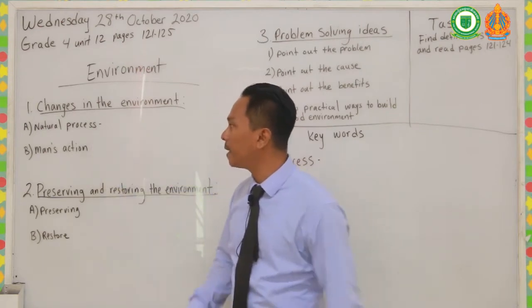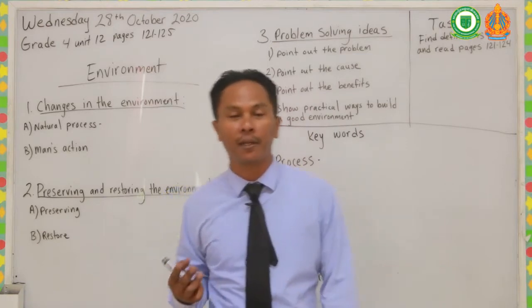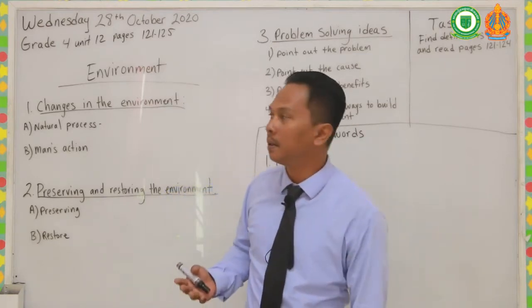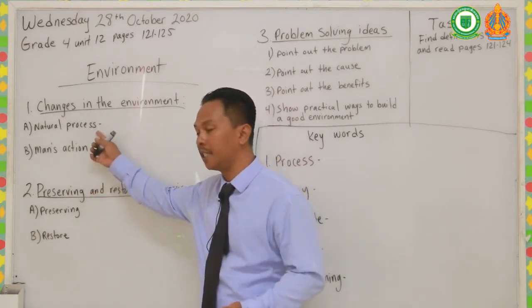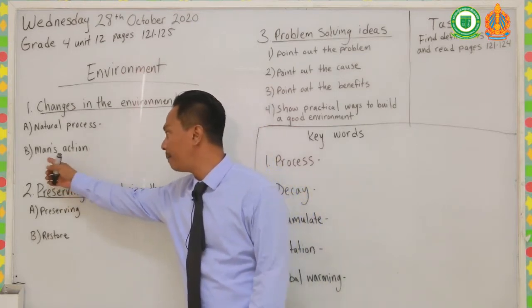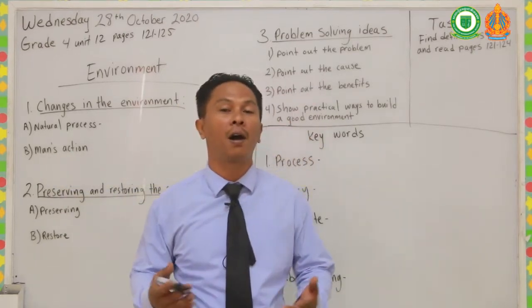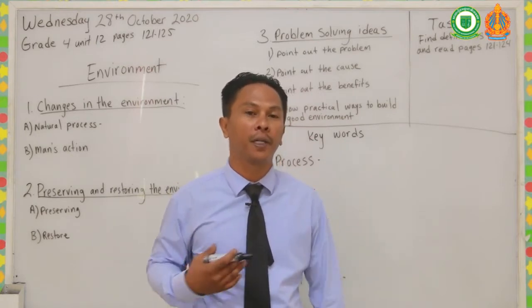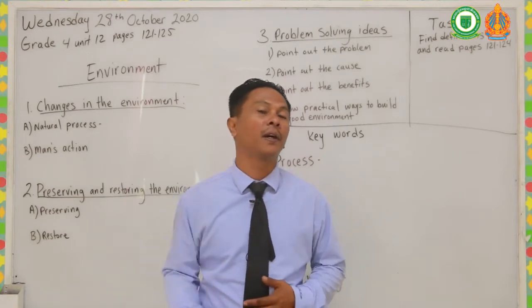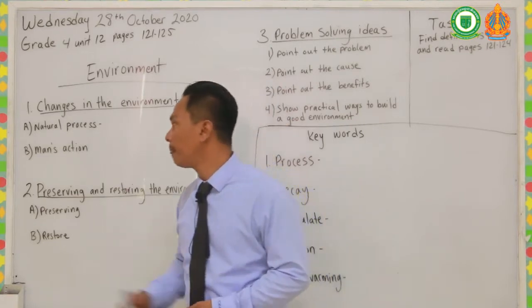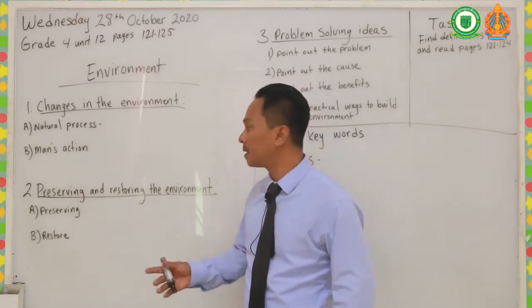What this means is a natural process is something naturally happening, which man cannot do. So that's how things change naturally. And B, man's action. The environment can also change by our choices, by our doing. So humans, we have a big impact on how the environment is formed, okay? And we will learn more in the second video after we read the text.